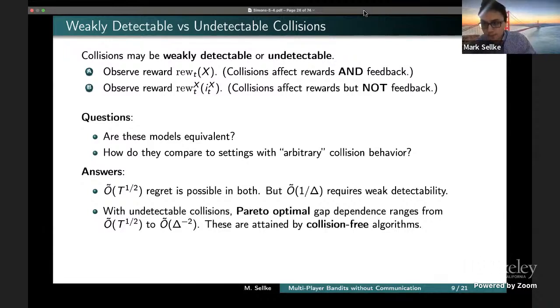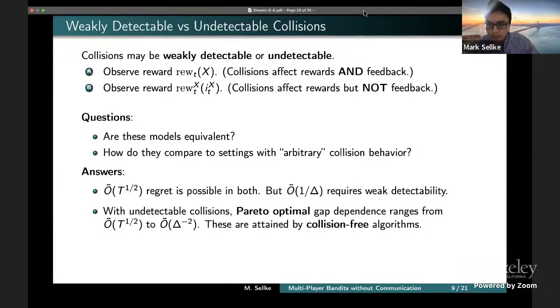Okay. Yeah. So one reason this is something that's good to think about is that here there's really no way to communicate at all. Your feedback is totally independent of what anyone else does. In the first case, in the weakly detectable case, there's still some potential to transfer information between players.